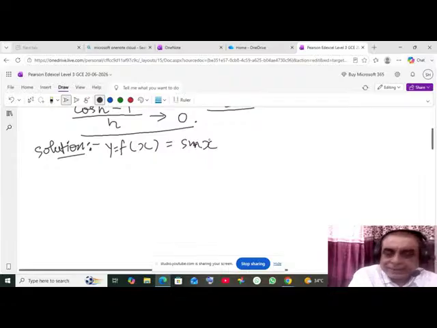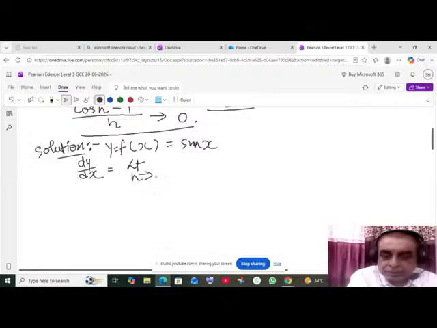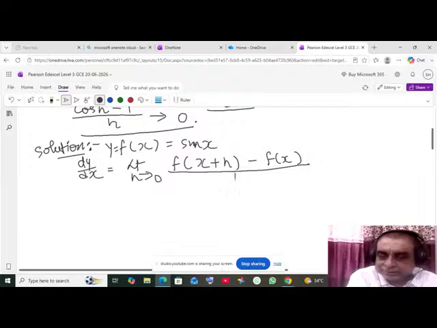So dy by dx by first principles: the formula is the limit as h tends to 0 of f(x plus h) minus f(x), whole divided by h. This is the formula for the derivative of any function from first principles.